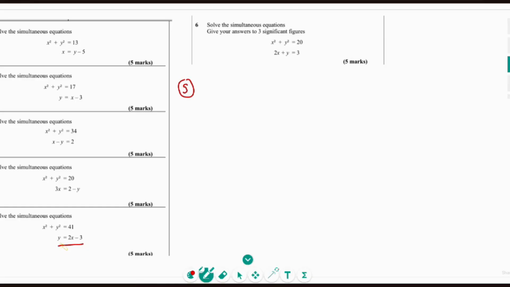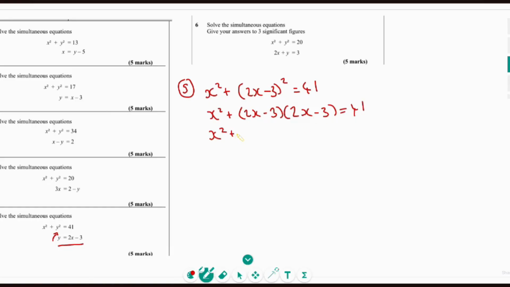Already have y subject, so let's substitute it straight here. Two x times 2x, 4x squared. 2x times negative 3, negative 6x. Negative 6x. 5x squared, minus 12x. Take 41 off both sides.